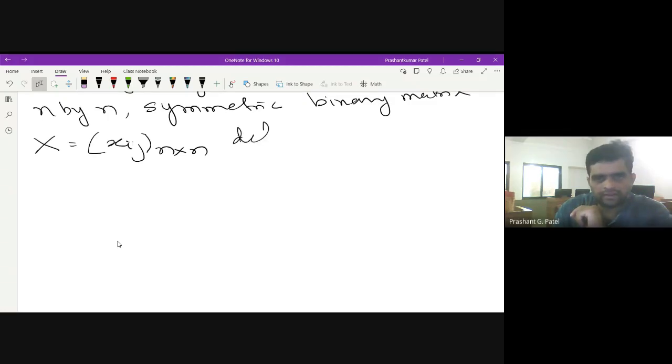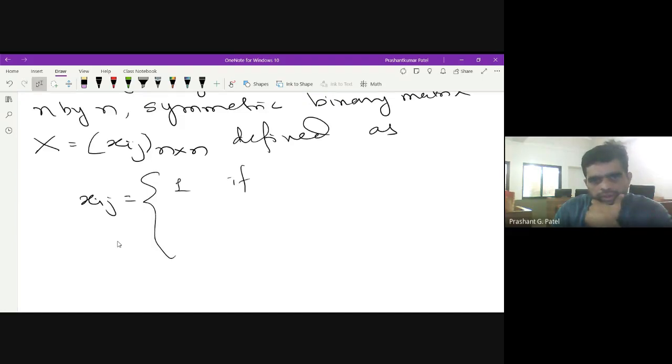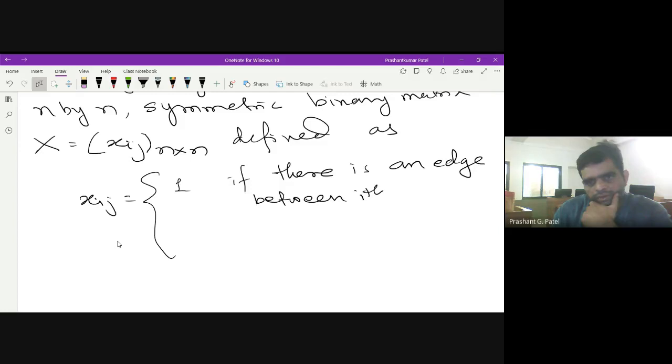It is defined as Xij is equal to 1 if there is an edge between the ith and jth vertices.